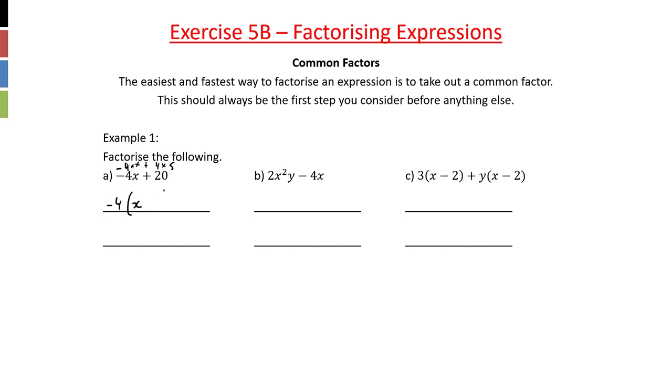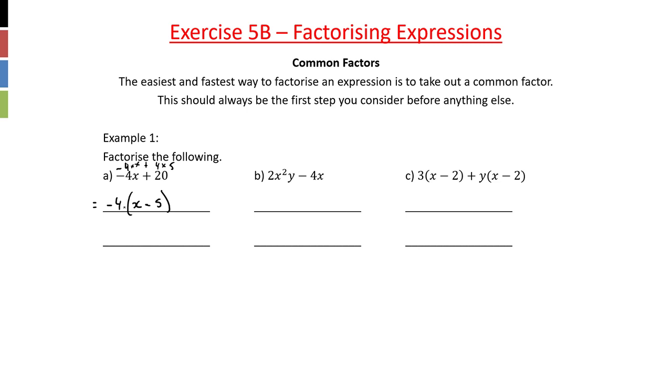That gives us x, thinking of the distributive law in reverse: we multiply the -4 by the x to get our first term. What do we need to multiply the -4 by to get 20? Up here it's going to be 5, but we want positive 20, so we make this -5. -4 times -5 gives us positive 20. So we've just taken out the common factor of -4.